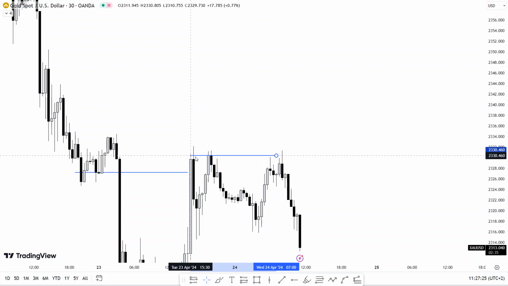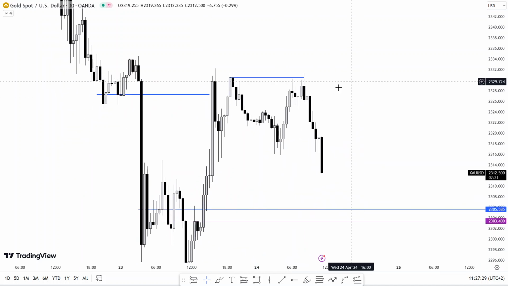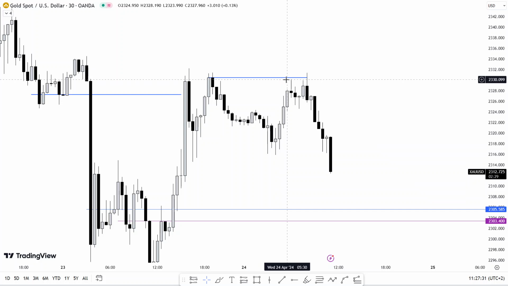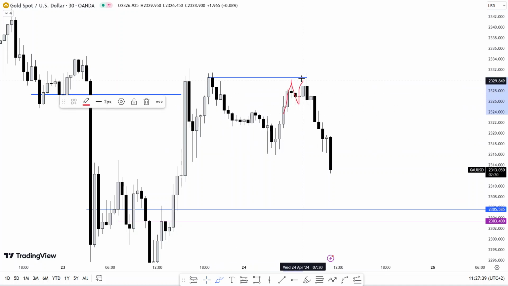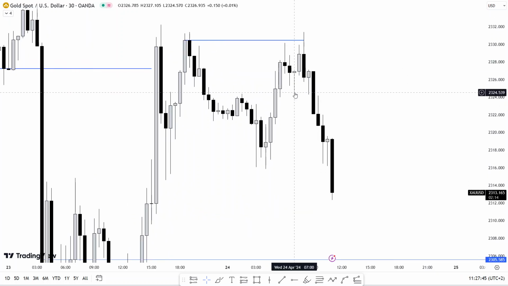So then the next thing which I saw was that fine, gold on the 30-minute time frame reacted from here and then created this kind of price action, right? So I wanted to see a break and close below here, but it just tapped this low and then traded higher.